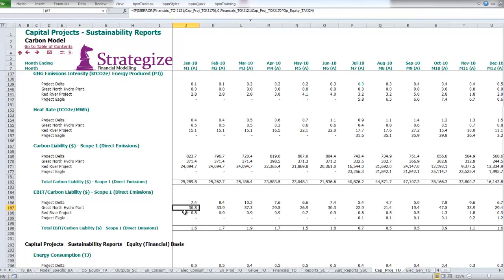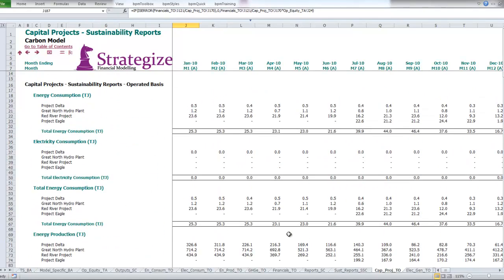As you can expect, given the low emissions of a hydro facility, such as our Great North Hydro Plant, relative to, say, our Red River project, the multiplier impact on earnings is much greater and better with hydroelectricity.